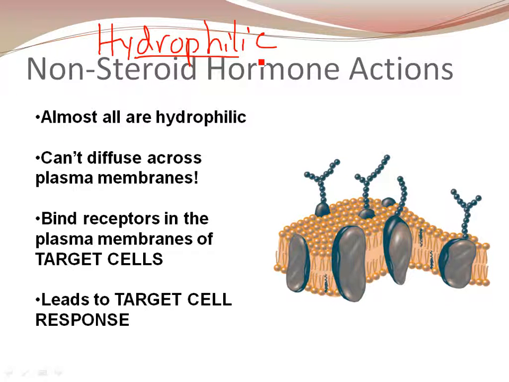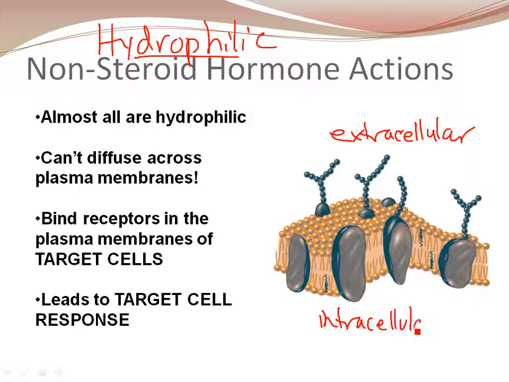Okay, so as we already talked about, your non-steroid hormones, or almost all of them, are hydrophilic. They're amino acid based, and most are peptides and proteins, and those are hydrophilic type molecules. So guess what? What does that mean? Here's a little chunk of a cell membrane that you guys have seen, of course, many times before.